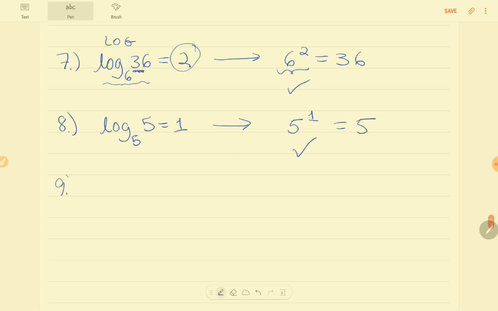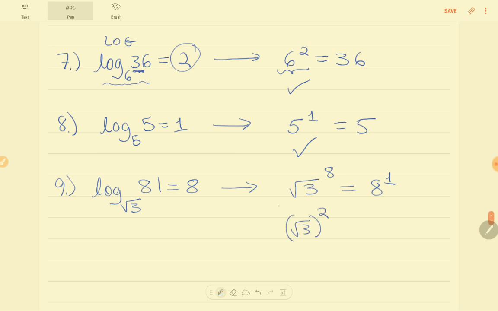Right, then 9 is log base square root of 3 of 81 equals 8. So that can convert to the base square root of 3 to the power of 8 equals 81. You can check this too. The square root of 3 to the power of 2 to the power of 4.